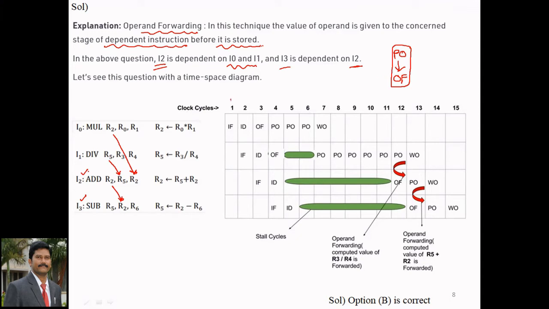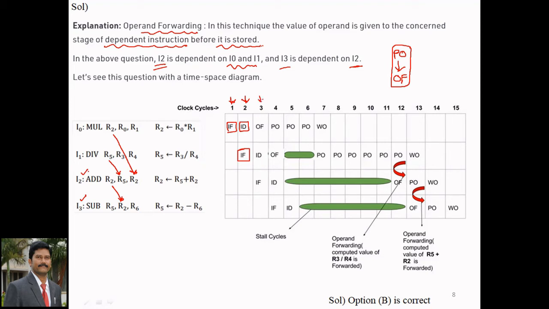At clock cycle 1, what happens? The multiplication instruction enters the IF stage. At clock cycle 2, the multiplication instruction enters the instruction decode stage. At the same time, the instruction fetch unit is free, that's why the division instruction enters.